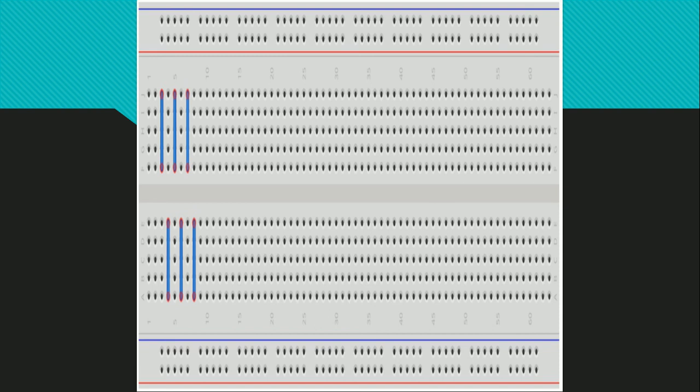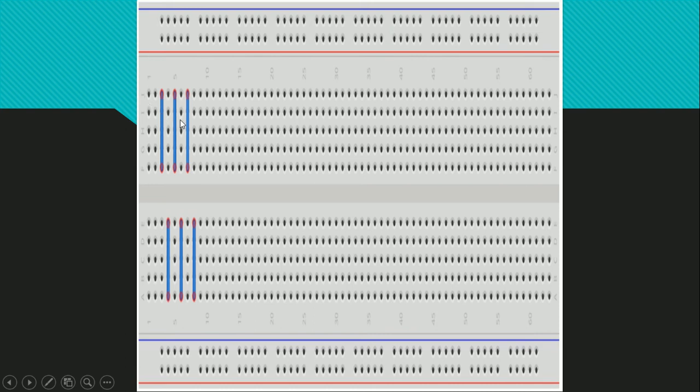Again, if you connect one point here from the power source of the Arduino, the other points here will all carry the power signal, and the same applies for the negative or ground, that all the points here are ground.